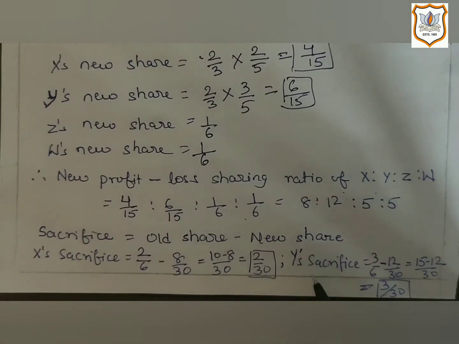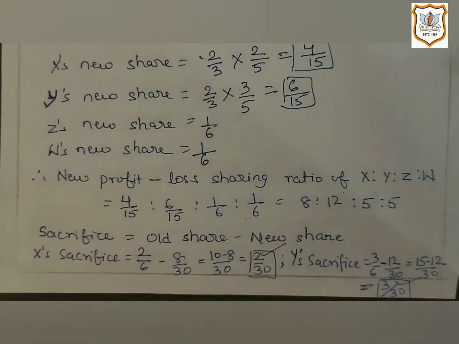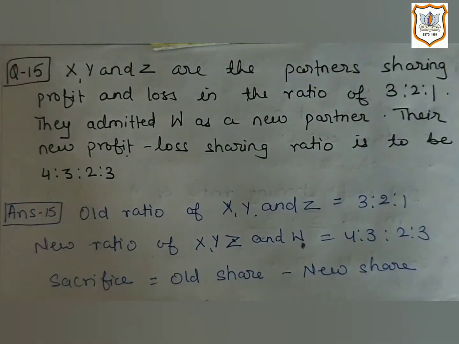Similarly, for Y also, Y's sacrifice is equal to 3/6 minus his new share 12/30, and if we solve it, we will get 3/30. In this way, the sacrificing ratio is 2:3. Now let us do question number 15.